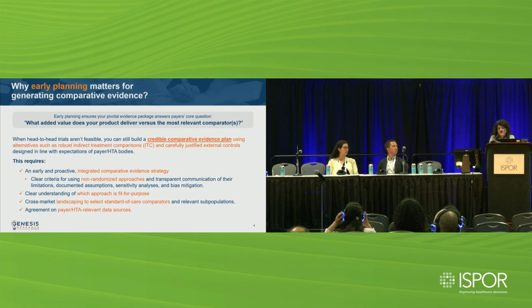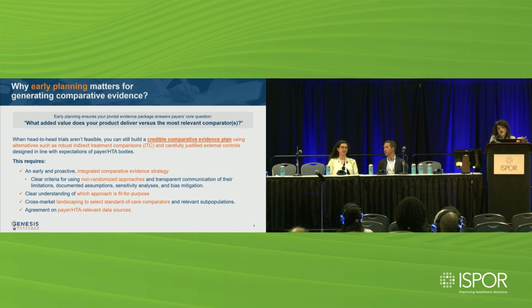In that instance, knowing that we still have to generate comparative data to support your payer and HTA submissions, there are other methodologies and approaches which are available to generate this evidence. And that is where indirect treatment comparisons and external controls come in.